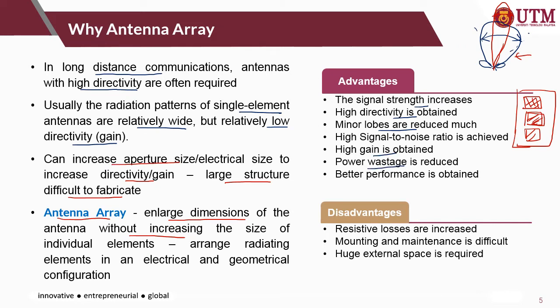Power wastage is reduced because most of the power will be channeled or directed to the intended direction, so that we can have better performance in overall transmission. While the disadvantages of this array antenna are that resistive losses may be increased, it's quite difficult to mount and maintain, and huge external space is required to mount the antenna.